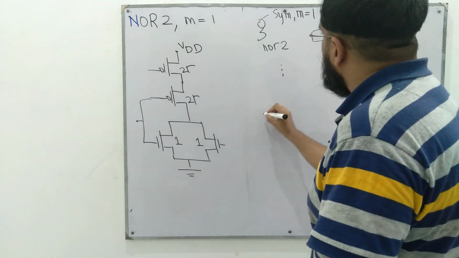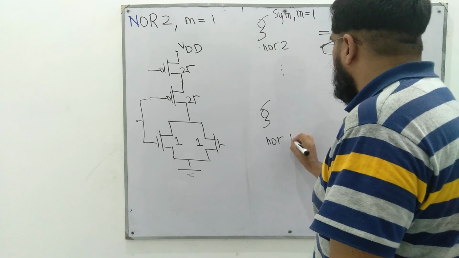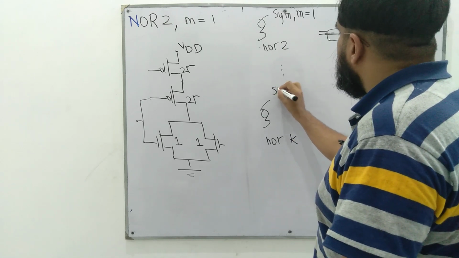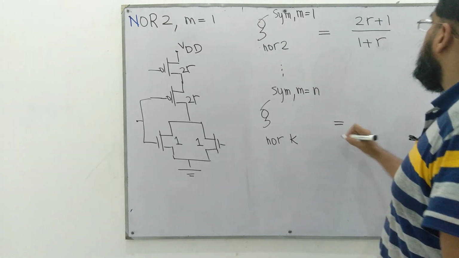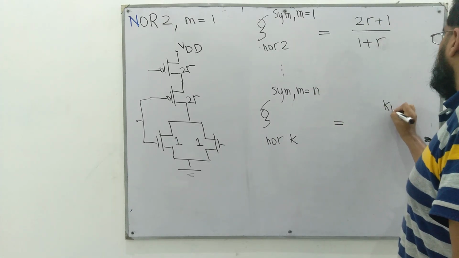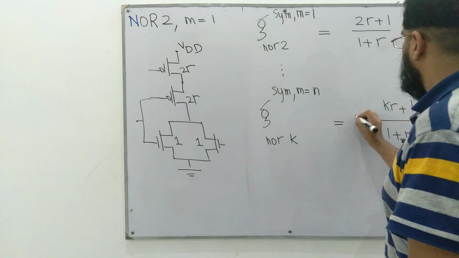And following the same lines, G for NOR K, symmetric with M equal to N, would be KR plus 1 over 1 plus R times the scaling factor.